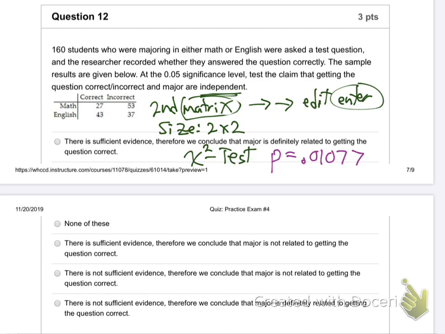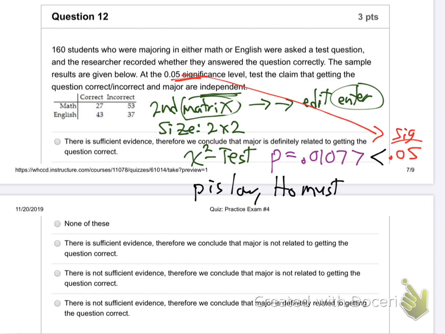All right, good. And now we want to compare that to the significance level. So the significance level is 0.05. So how does that compare to the significance level? It's less, huh? The P is low. The H0 must go away. So I never even wrote the H0. The H0, let me write it somewhere.